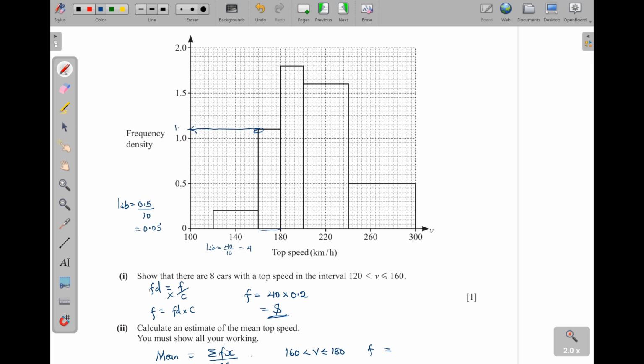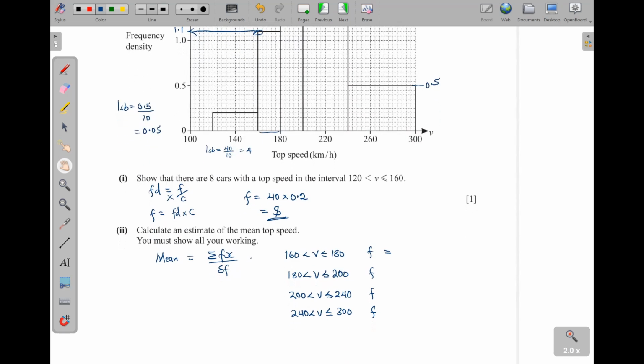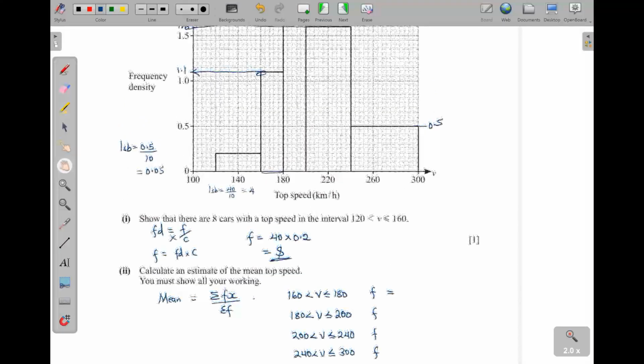This is 1.1, then the next one here is actually 1.5, then 1.8, and then the next one here is 1.6. Then this other one here is actually 0.5. Okay, now let us find the frequencies.